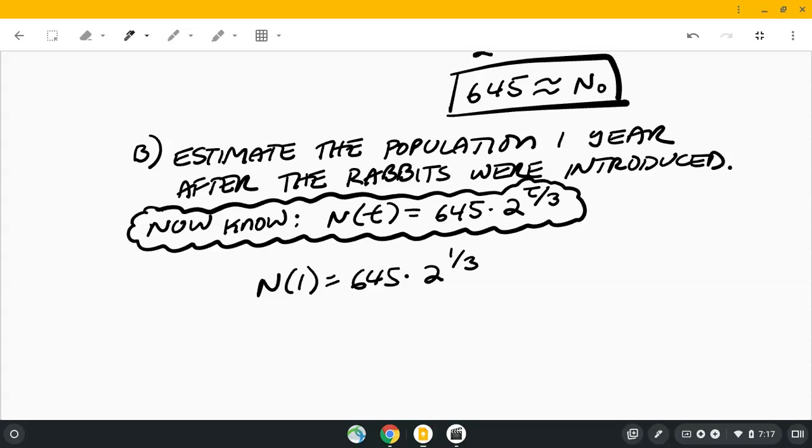Sorry, this is in terms of months and not years. So this is 3 months, so this unit up here needs to be in terms of months as well. 12 months make a year, and so I get 645 times 2 to the 4th.